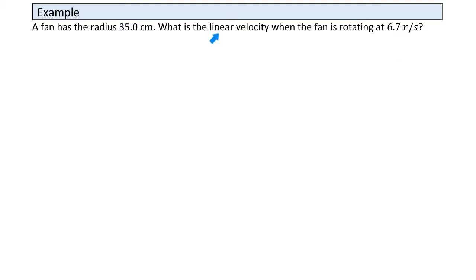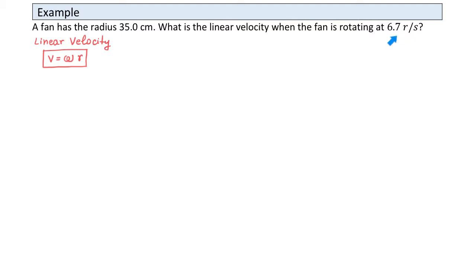Now, to find the linear velocity, we will use the following formula. V, which is linear velocity, equals omega, which is angular velocity, multiplied by the radius. We are given the radius, and the radius is 35 centimeters. We are also given the angular velocity omega, and this is 6.7 revolutions per second.